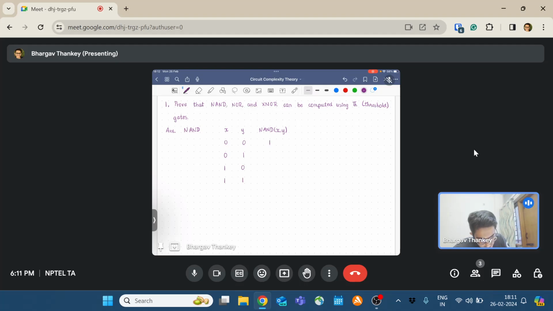And we know that AND is 0 in all these three cases, so NAND is going to be 1 in all these cases and 0 in the last one. From this truth table, can you tell me the values of A, B, and theta such that we would get NAND?